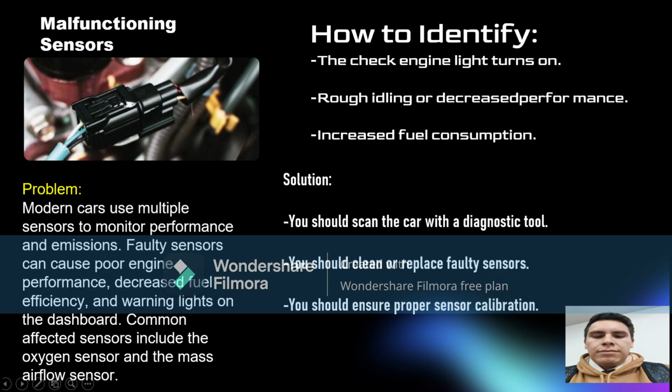How to identify? The check engine light turns on, along with decreased performance and increased fuel consumption. Solution: you should scan with diagnostic tools. You should replace the faulty sensor. You should ensure proper sensor calibration.